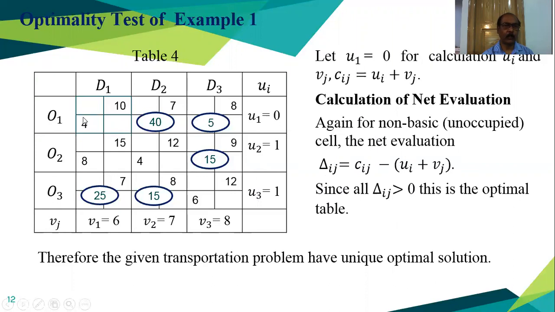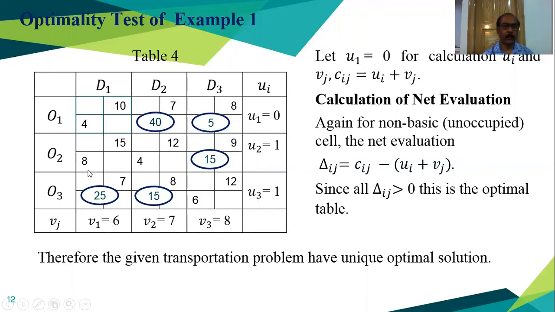This is delta 1,1. Delta 1,1 equal to 10 minus (0 plus 6), that is 4 for the unoccupied cell.